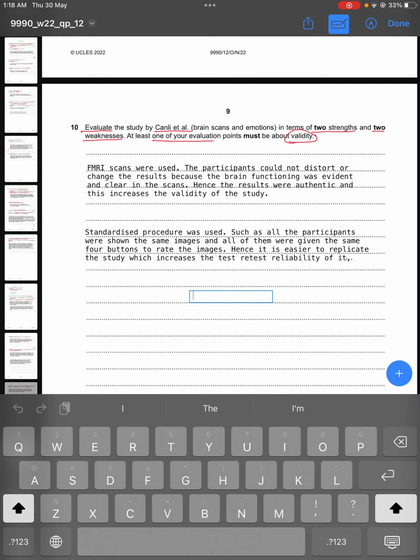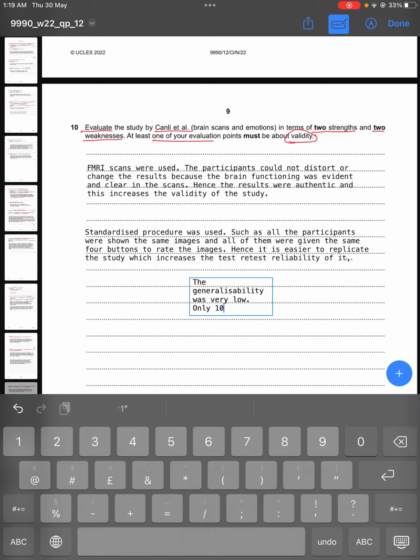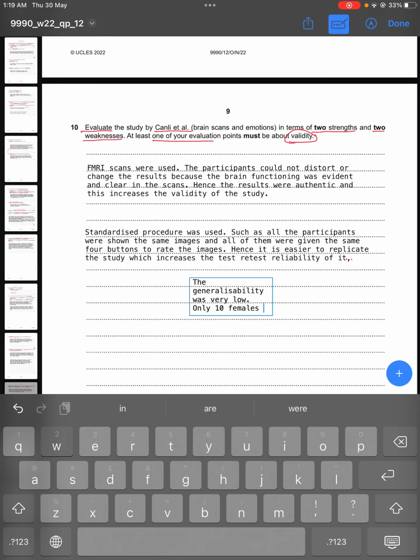Then for the weaknesses, you can write that the generalizability was very low. Why was it low? Because only females were used in this study. Only 10 females were part of this study.